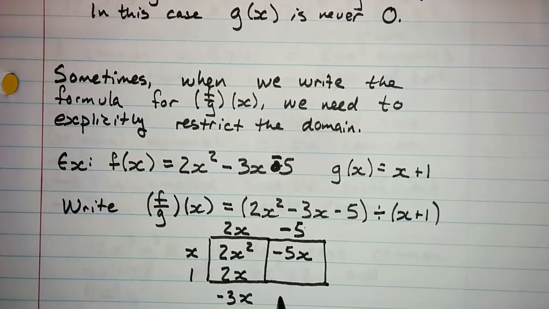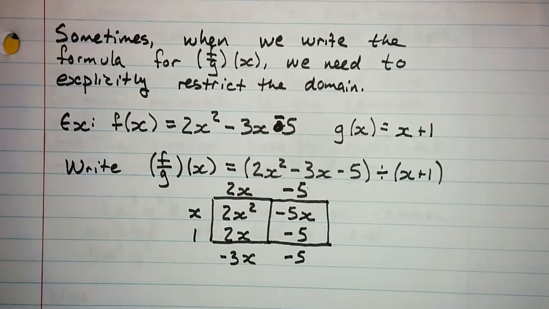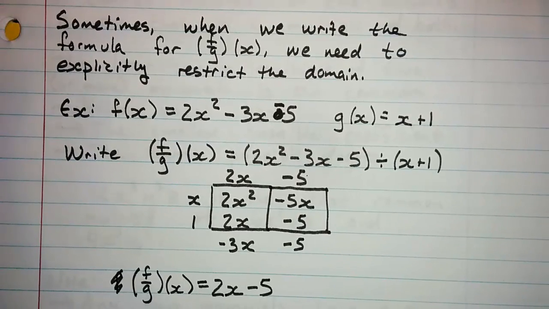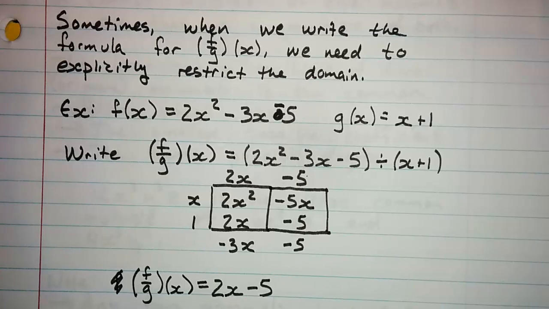Negative 5 times 1 is negative 5. We need the total constant to be negative 5, so we have no remainder. We might want to say that f divided by g of x is 2x minus 5. But this is a polynomial function. Its domain is all real numbers.